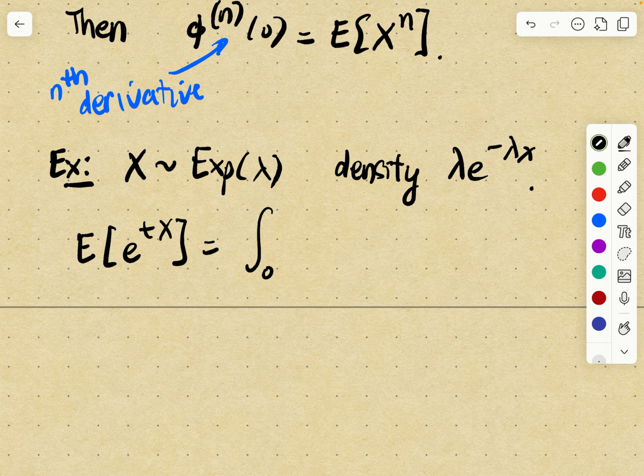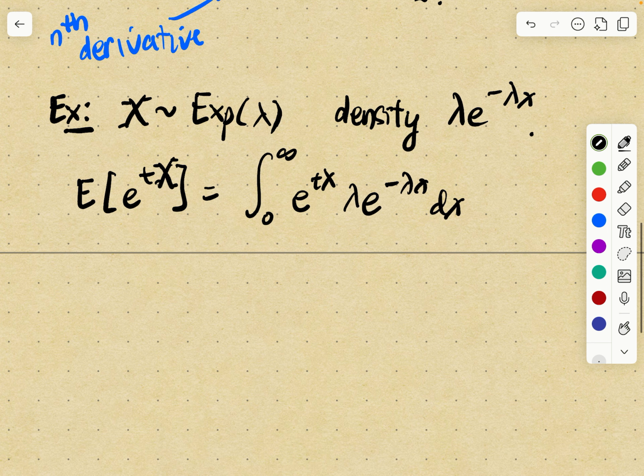By definition, this density function is only for x greater than or equal to 0, so you integrate from 0 to infinity of e to the tx, lambda e to the minus lambda x dx. The e to the tx here has a capitalized X. And then there's a theorem that says that this is equal to that.